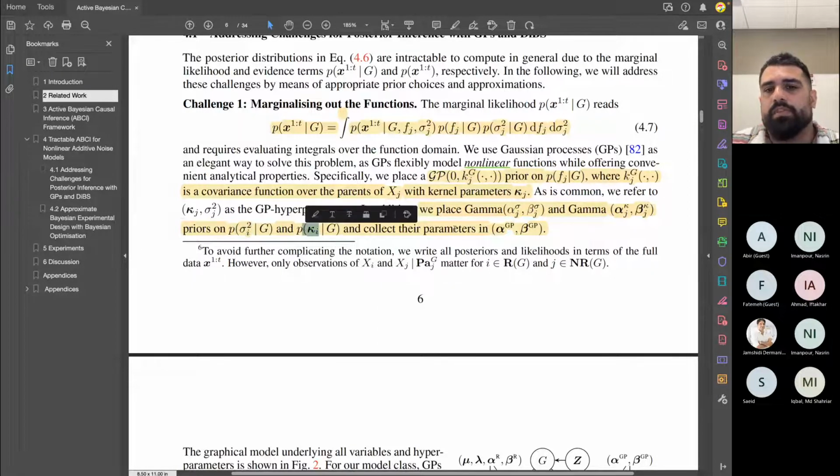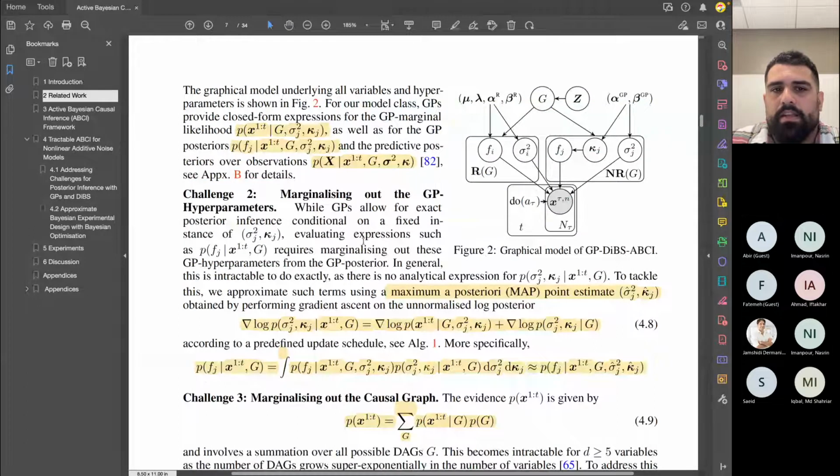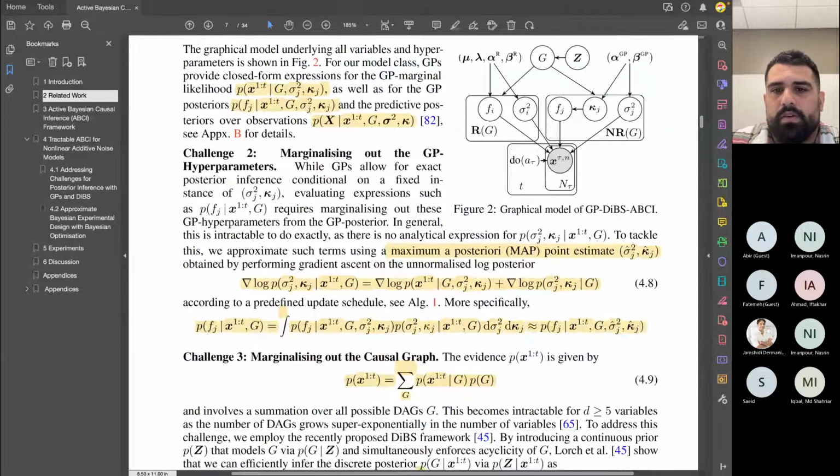So they introduce gamma distributions for those to collect the parameters. That is how they, in general, overcome the problem of solving this integral. So this was one of the challenges they faced. The second challenge they faced was marginalizing out the GP hyperparameters.